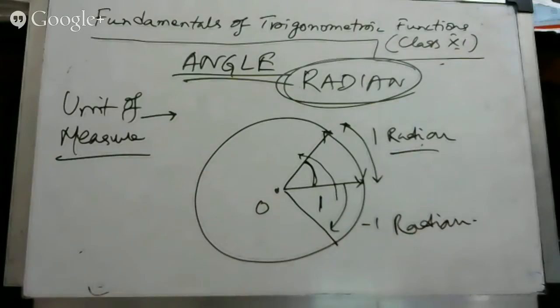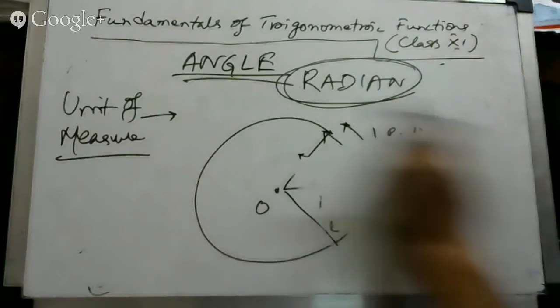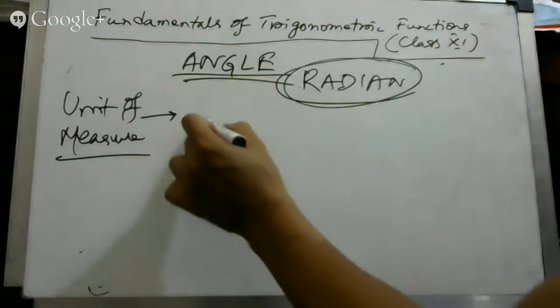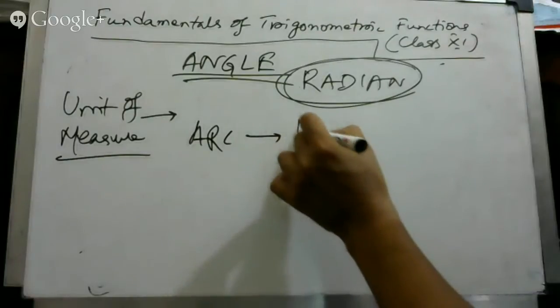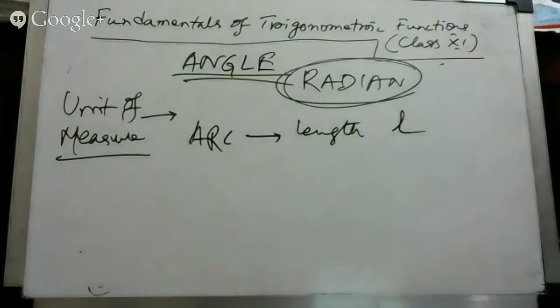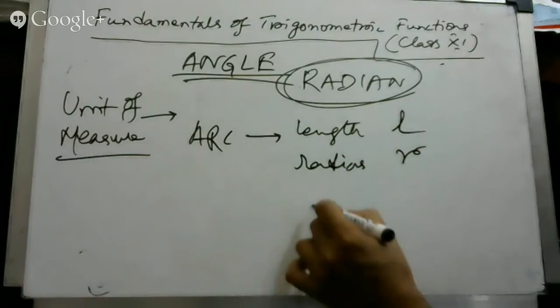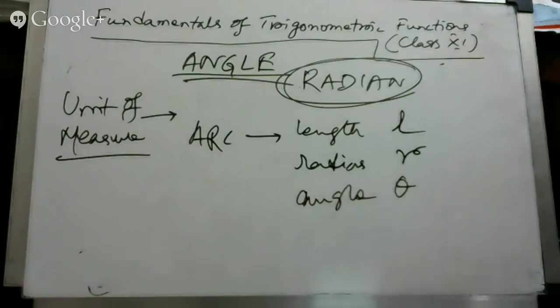Okay. So we can easily define a relationship between an arc of length, say L, for a given radius, say R, and angle theta.